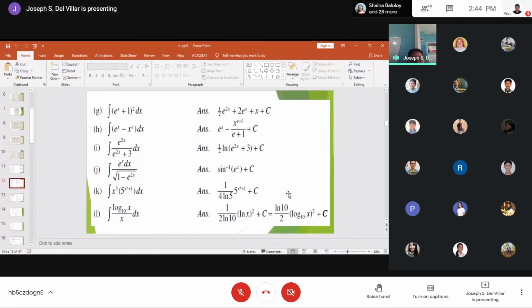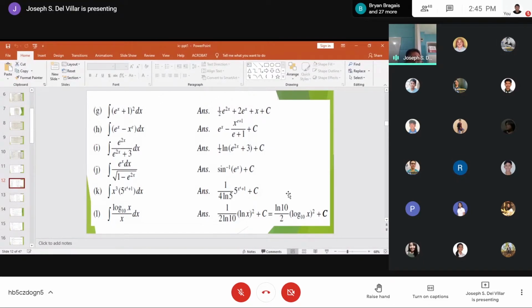Okay, letter I. So we check with the differential of the denominator. No? So what's the differential of e to the 2x plus 3? 2e to the 2x dx. Okay, 2e to the 2x dx. Okay? But we only have e to the 2x dx. So what is lacking? 2.